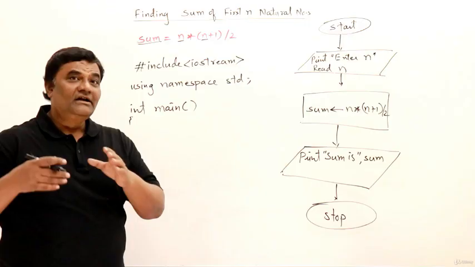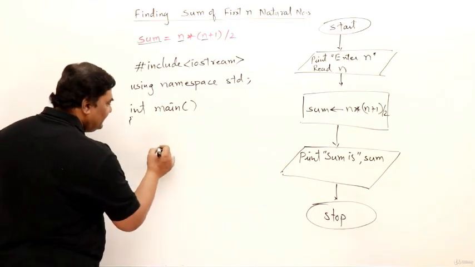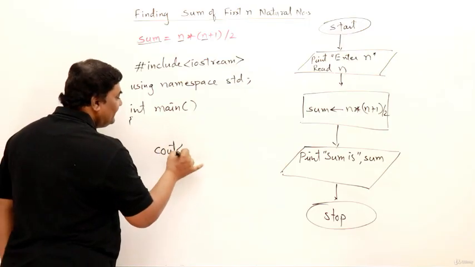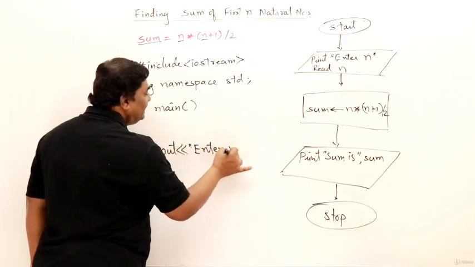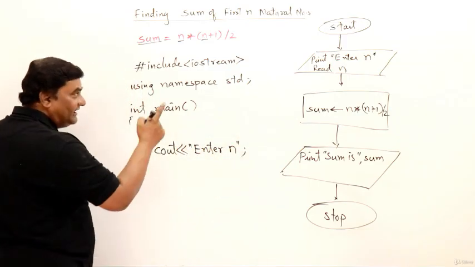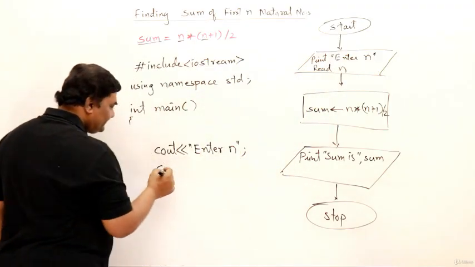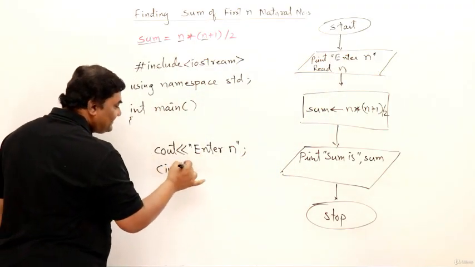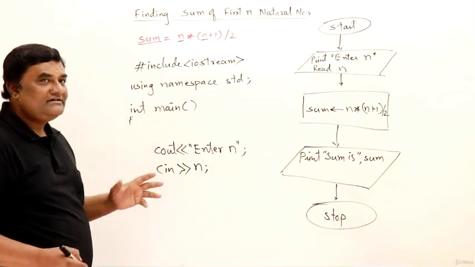Print means output on the screen. So we display with cout. First write cout, enter n. Next, I should read the value. For reading the value, it is cin. So say cin, extraction operator, n. What is this n? It is a variable.